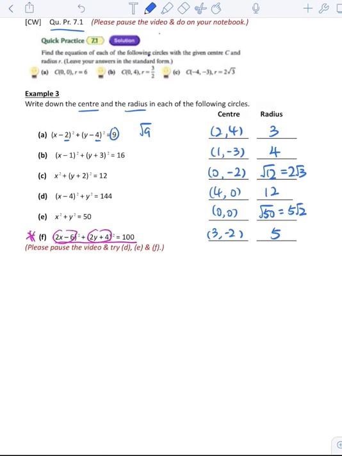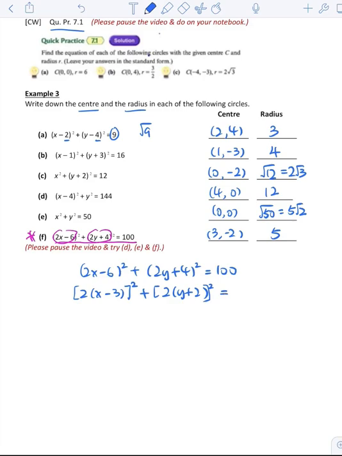So what we need to do is as follows. For these equations, for the first term, we take out the common factor 2, and similarly for the second term, and then you get this.